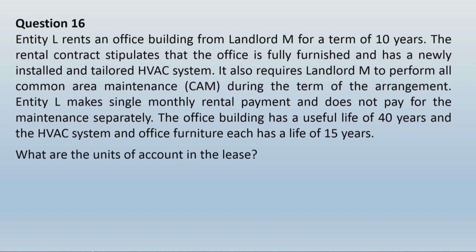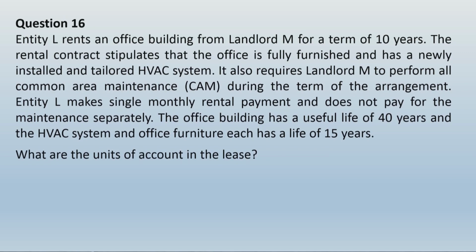Entity L rents an office building from landlord M for a term of 10 years. The rental contract stipulates that office is fully furnished and has a newly installed and tailored HVAC system. It also requires landlord M to perform all common area maintenance during the term of the arrangement.